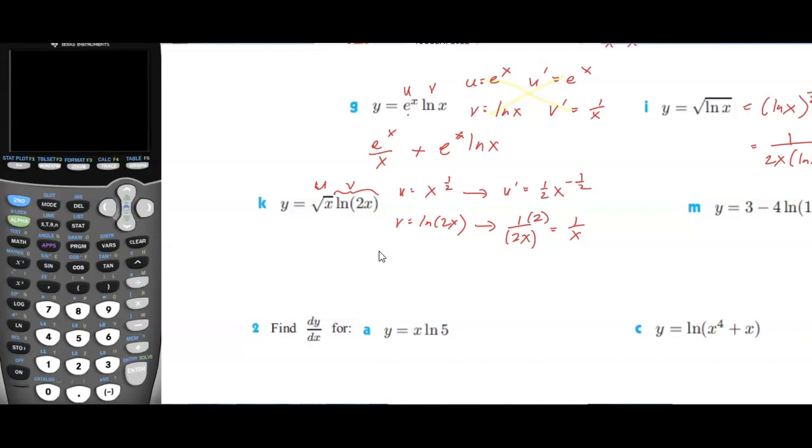Again, weird. Okay, now I can do product rule. So I'm going to multiply this times this, and I multiply this times this. So x to the 1/2 over x plus 1/2 x to the negative 1/2 times natural log of 2x. Maybe the only thing you might want to simplify is this. It would be x to the negative 1/2, right?